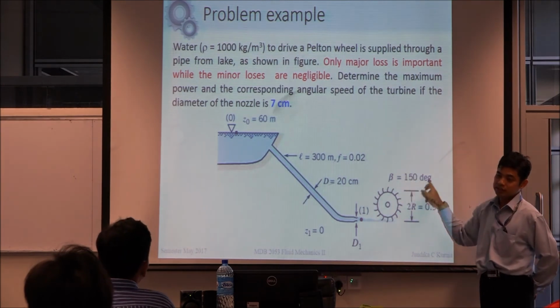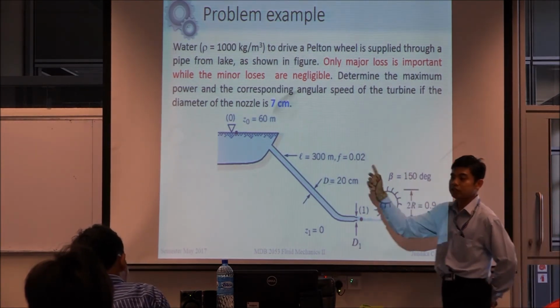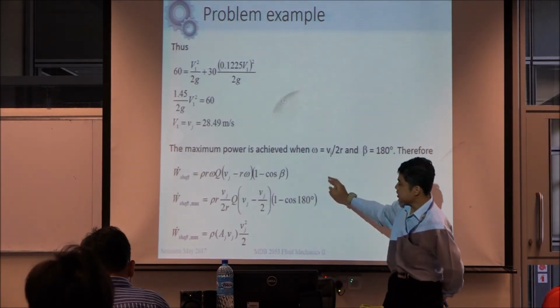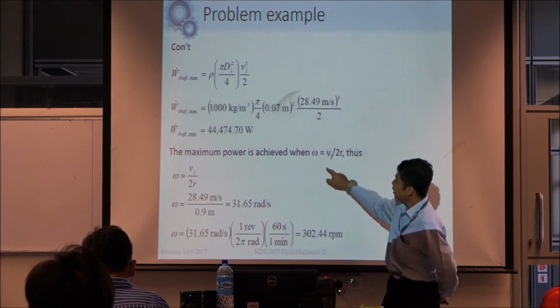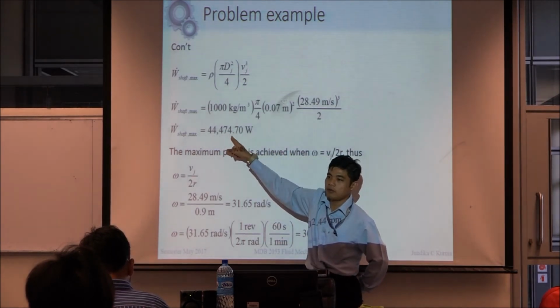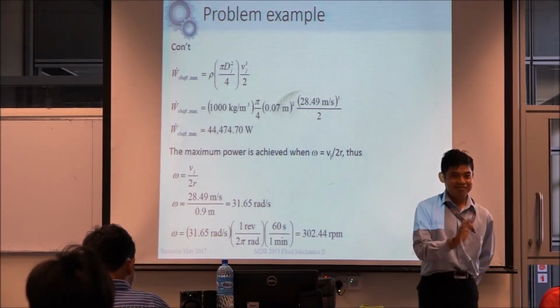This is the actual. The other one is the maximum. You plug in everything, you get the maximum power is 44.474. Is that clear now?